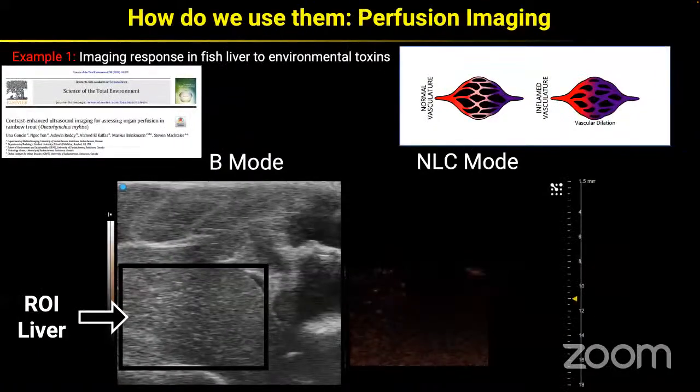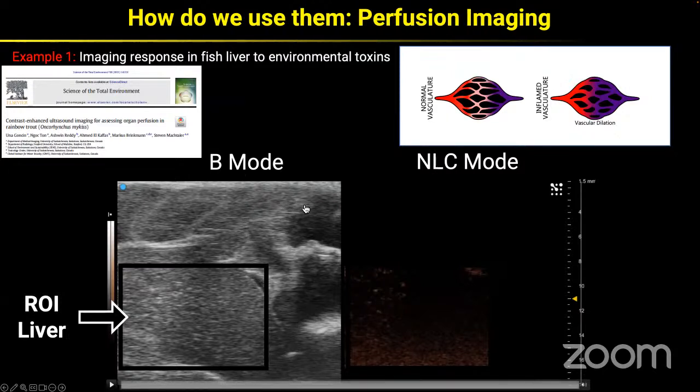The first one is actually from my lab, where we were using perfusion imaging to image fish liver in response to environmental toxins. What you're looking at here is a B mode image of a rainbow trout. This is its heart over here, and this is the liver.